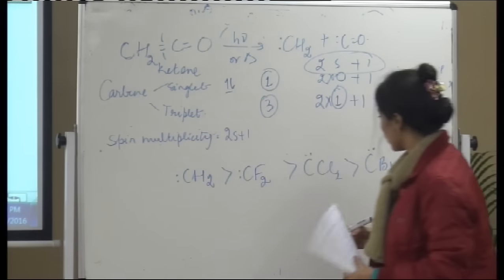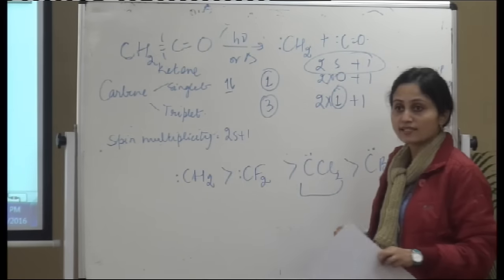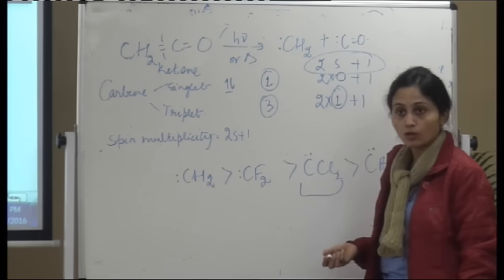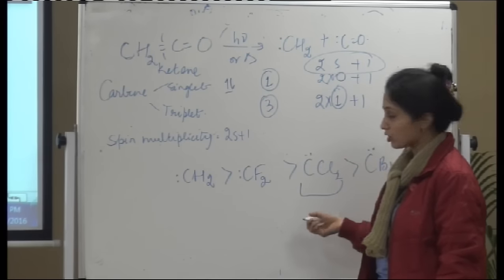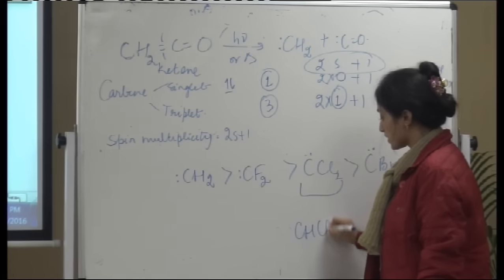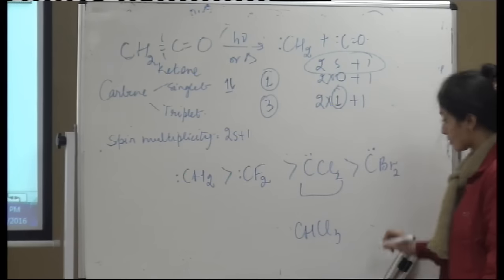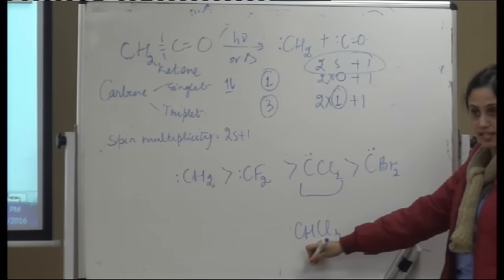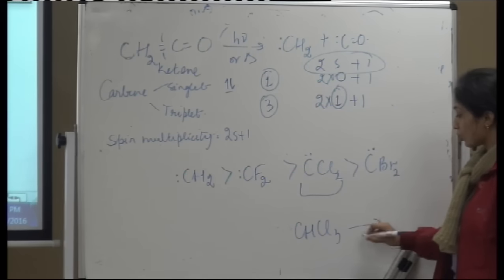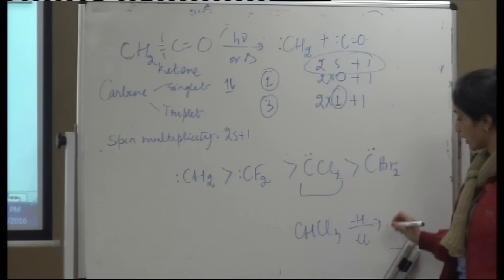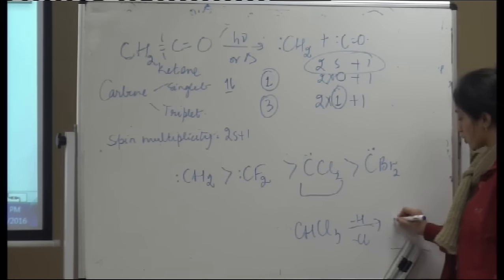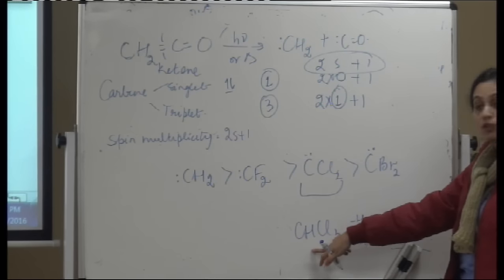Another thing that I want to mention: if you have to generate CCl2, what can you think of? Think of a molecule which has a Cl2 attached. So you can think of CHCl3, in which the H and 3 Cls are attached to the carbon only. If somehow you can slowly and steadily, stepwise, remove first H and then Cl from it, it has to go stepwise only, then you will get CCl2 from chloroform as well.